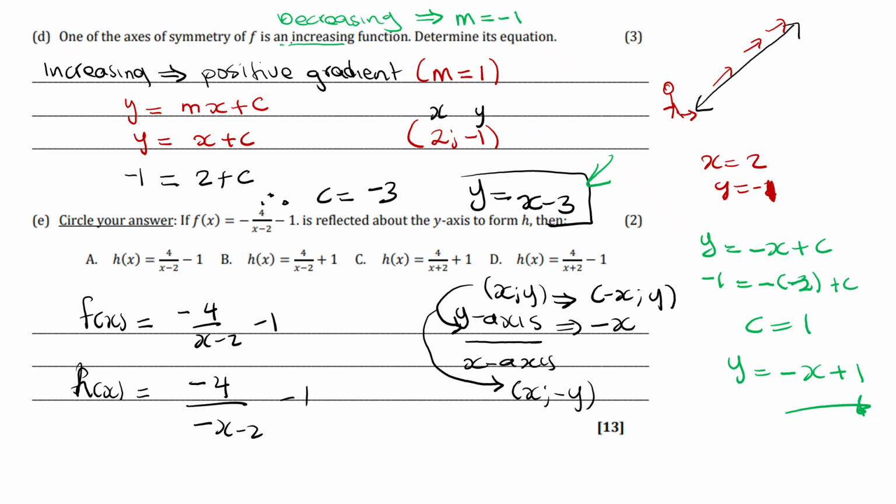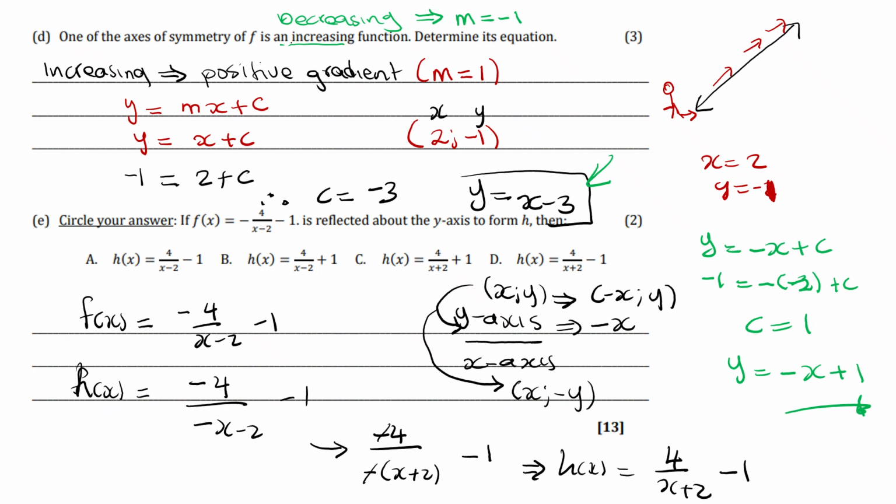We don't have 4 as negative. What is this telling you? It is giving you a plan that you can take out the negative as a common factor on your denominator. Write this as (x + 2), and this is minus 1. Now this negative and that one cancel. We are left with h at x to be just 4 over (x + 2), minus 1.